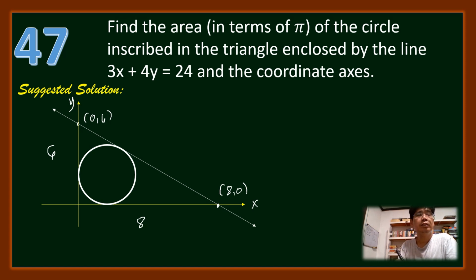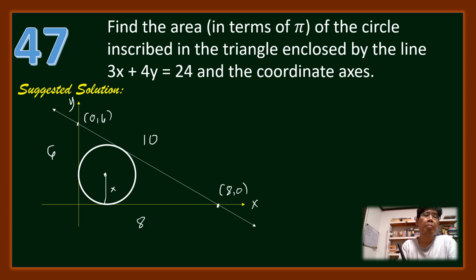Since this is a right triangle, the length of the hypotenuse will be the square root of 6 squared plus 8 squared, that is 100, square root of that, 10. Then this is the right triangle 6, 8, 10. Now, let x be the radius of the inscribed circle.